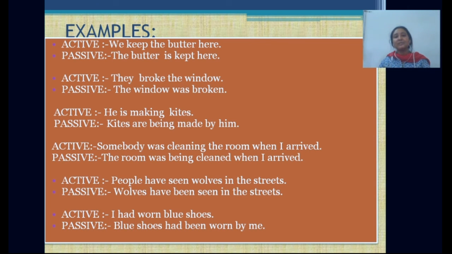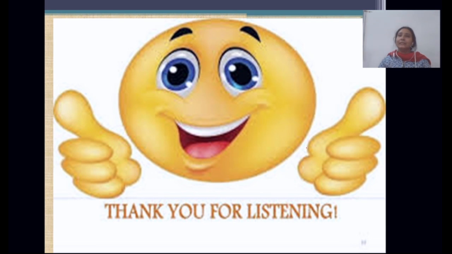This is perfect. So, wolves have been seen in the street. We have not changed the tense. It has remained in the same tense, that is the perfect tense. I had worn blue shoes. Blue shoes had been worn by me. So, thank you for listening. Do join us again.